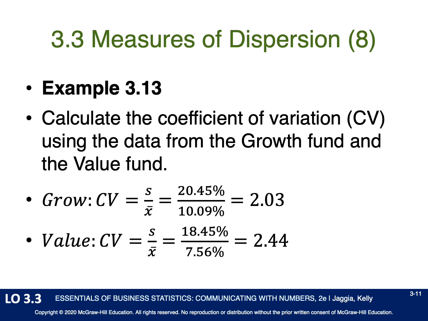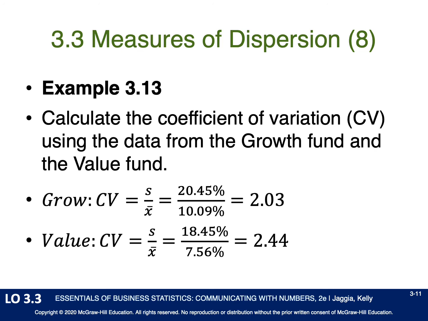For the value fund, we didn't calculate this one here, but we'll do it when we do the Excel, when we take the standard deviation and divide it by x bar, the mean of that sample, we get 2.44.